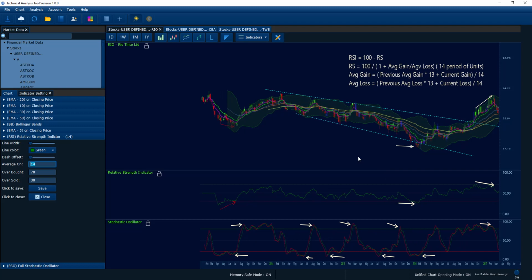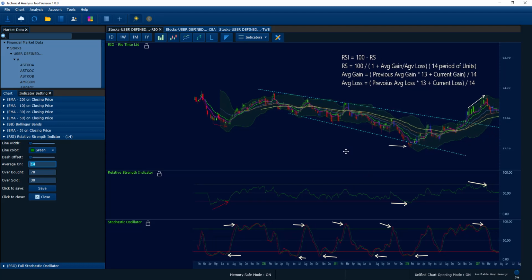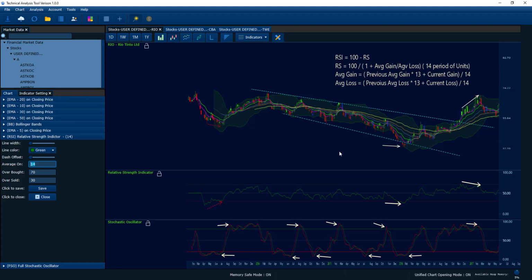During the same period of time, the stochastic oscillator generates lots of overbought signals like here, but meanwhile we don't see any overbought in the RSI. Same with the oversold: the stochastic oscillator frequently generates oversold signals, but RSI doesn't.